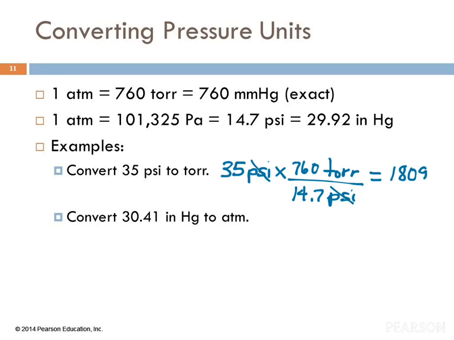So my calculator's telling me 1809 plus stuff. What should I call that? The best thing to do is to call it 1.8 times 10 to the 3 torr. Because we want to avoid ambiguous zeros.